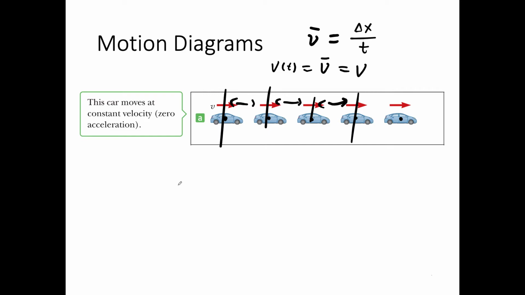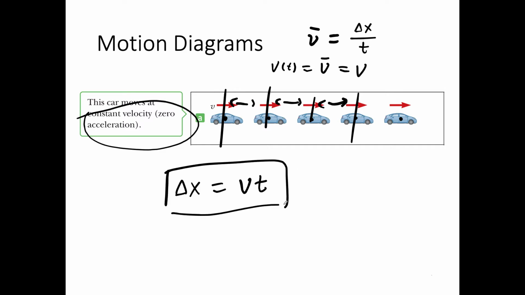So we can find the equation for constant velocity motion. For constant velocity motion, we basically only have one equation to use: displacement equals velocity times time. We basically have this one kinematic equation for us to solve the problems.